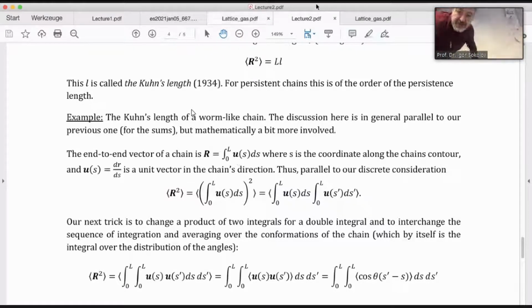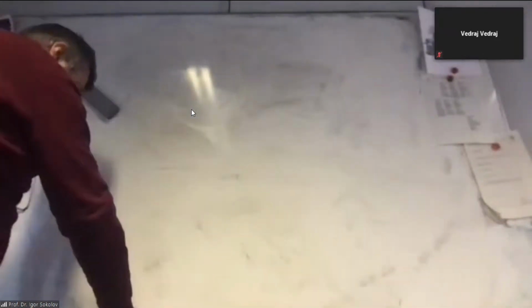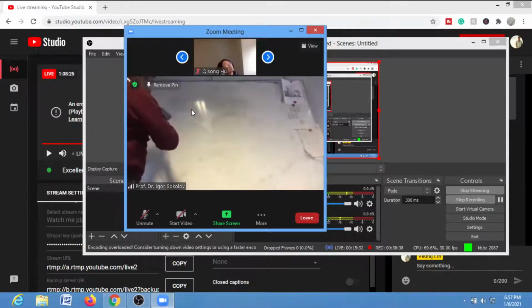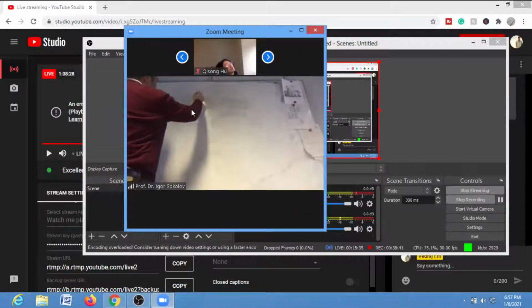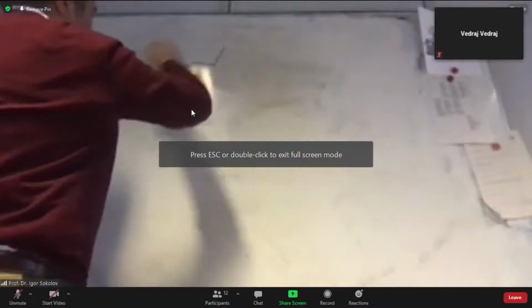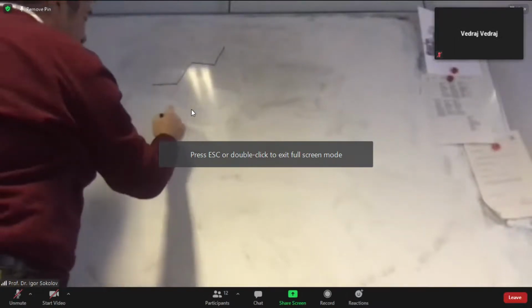I will close this and make a picture. So what we were doing in our first, in the random walk, we were taking the sums.